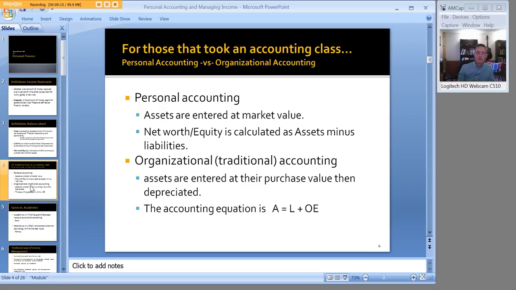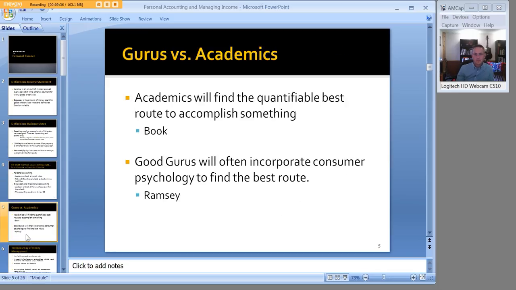So your total assets would have to be figured by adding all your liabilities plus your owner's equity, and we'd set those things equal to each other. So those are some of the differences. Again, for the balance sheet, we'll just take our assets minus our liabilities and figure out what our net worth is.